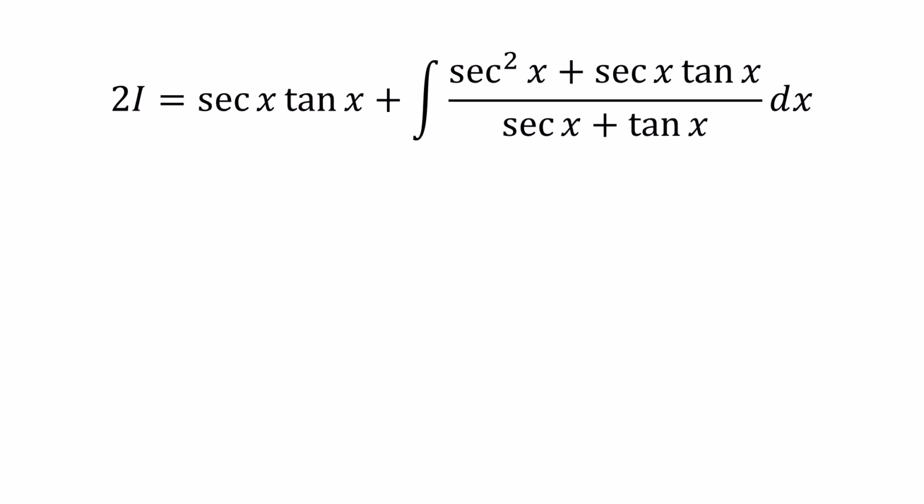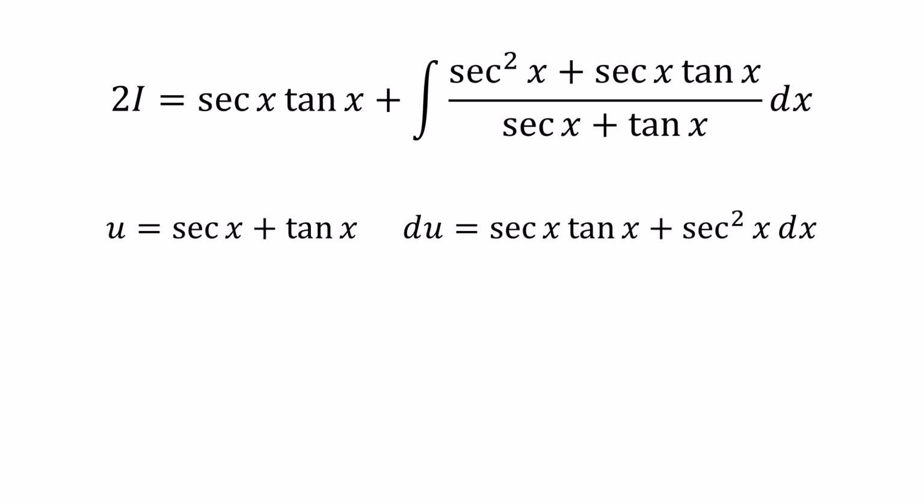Next we let u equals secant of x plus tangent of x. The differential is then du equals secant of x tangent of x plus secant squared of x dx.